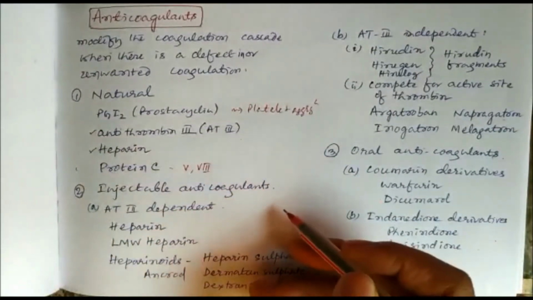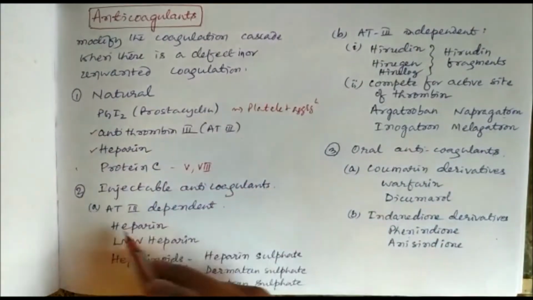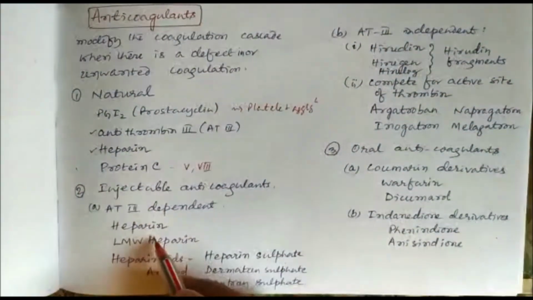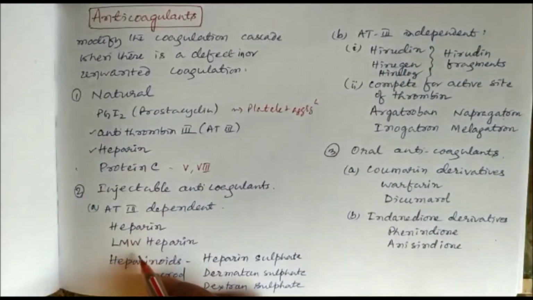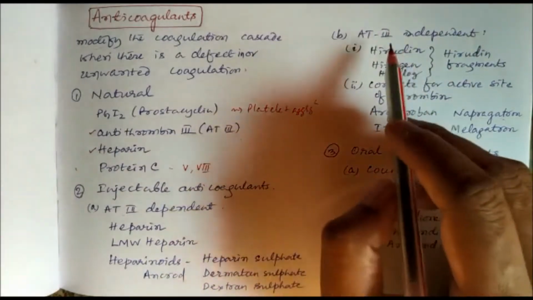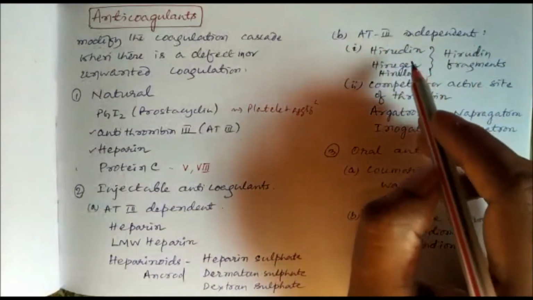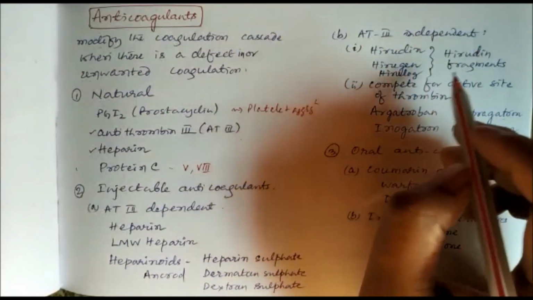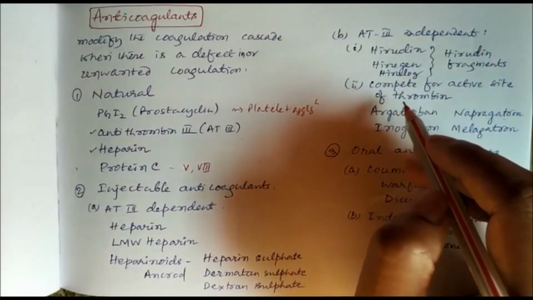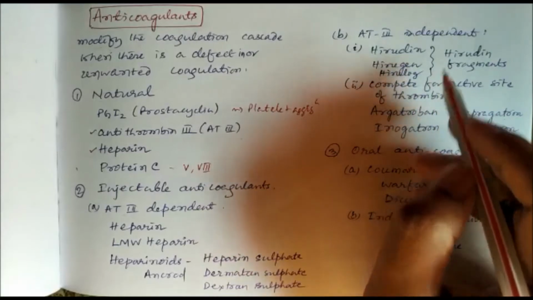Injectable anticoagulants we can classify as AT3 dependent and AT3 independent. AT3 dependent will include heparin, low molecular weight heparin, and heparinoids like heparan sulfate, dermatan sulfate, dextran sulfate, ancrod, etc. Then AT3 independent: hirudin, hirugen, hirulog, all these hirudin fragments, which are leech products.